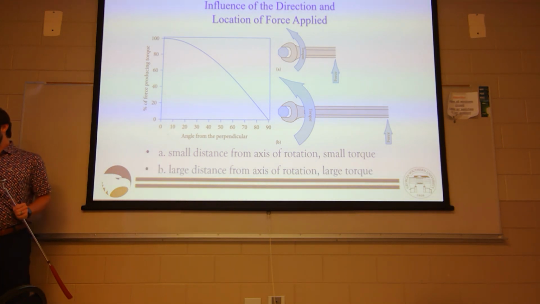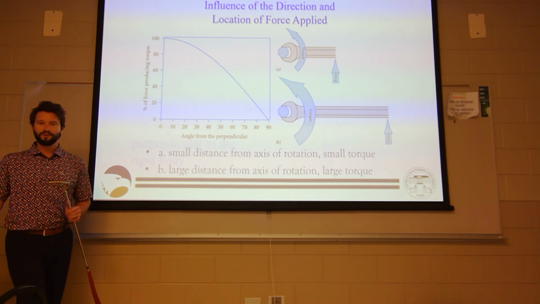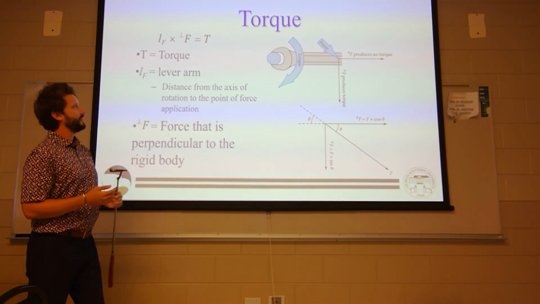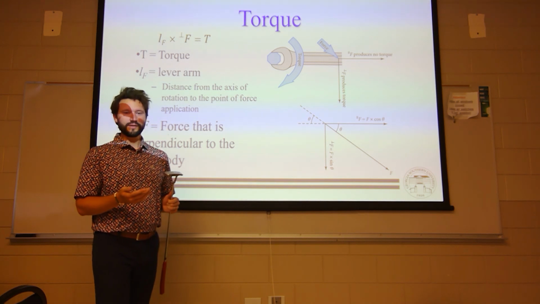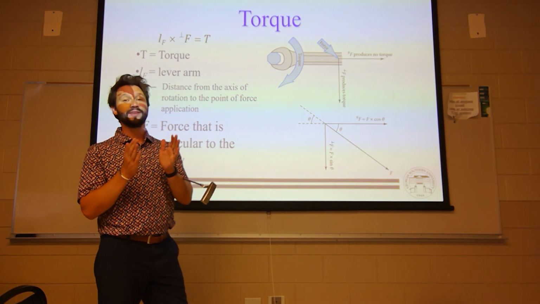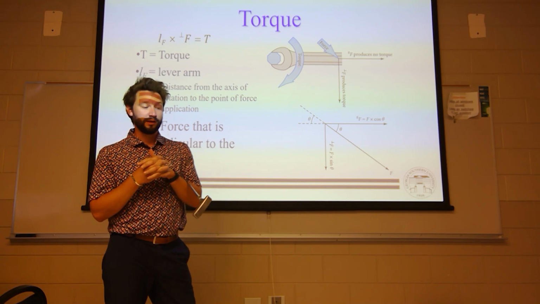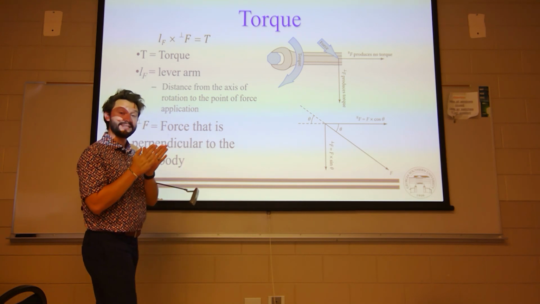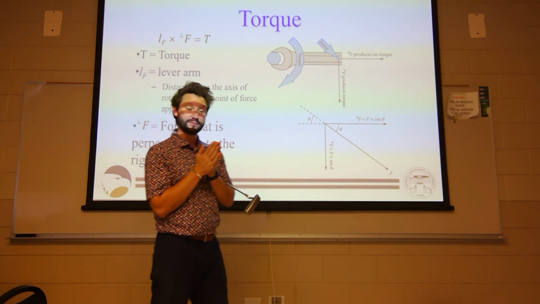And that brings us to, hopefully, a term that you have heard before in other classes, a lever arm. Because that's what a lever arm is. A lever arm is a distance, again, another distance measurement.